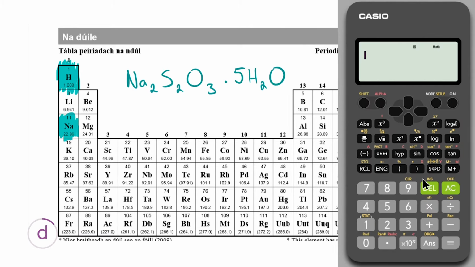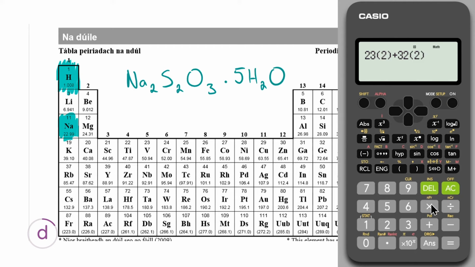So now that I have our calculator up here, I'm just going to fill in what we know. So we're going to have Na times 2, so it's going to be 23 times 2, and on top of that we're going to be adding 2 sulfurs. If you look behind the calculator in your log tables, the mass is going to be 32, and we're just looking for 2 of them.